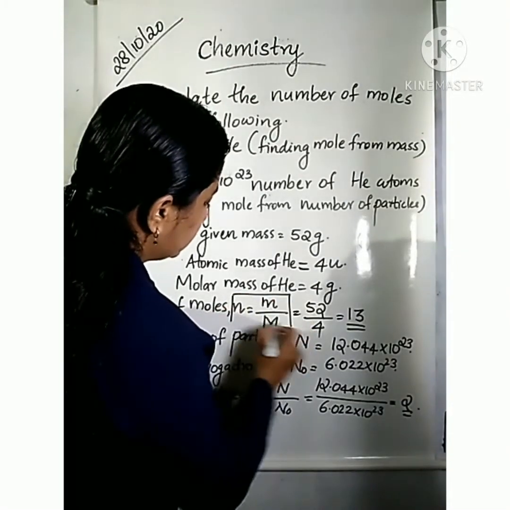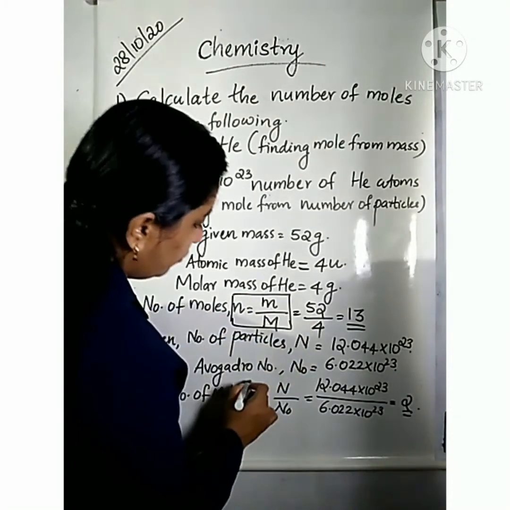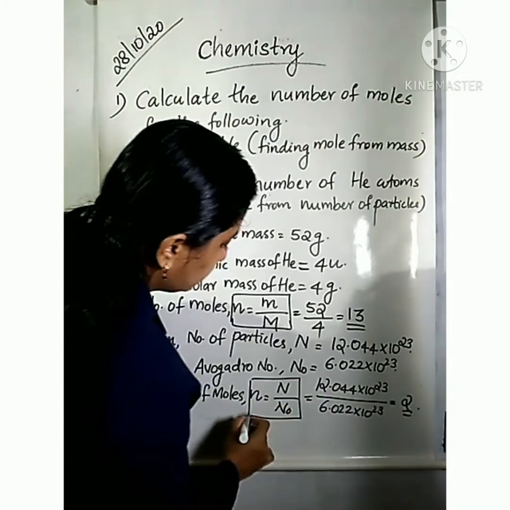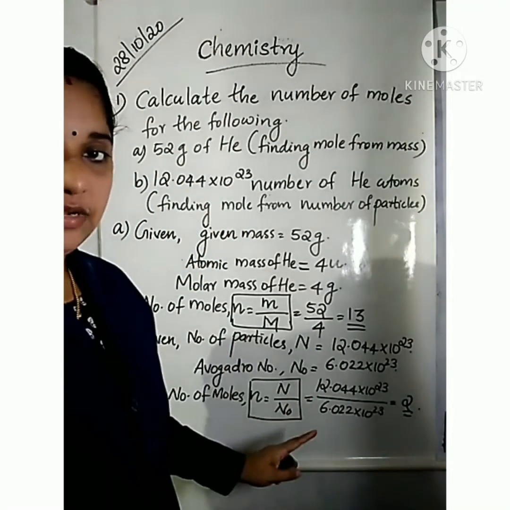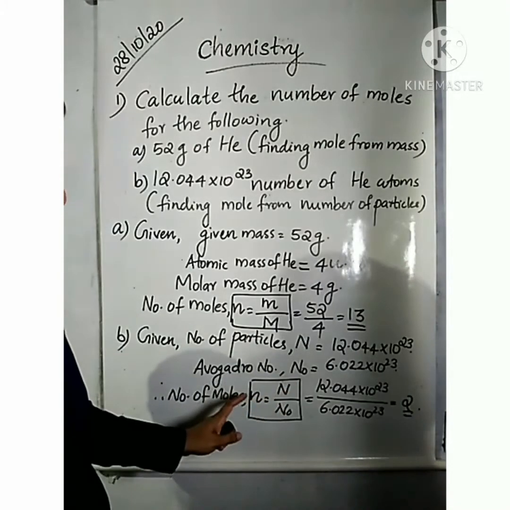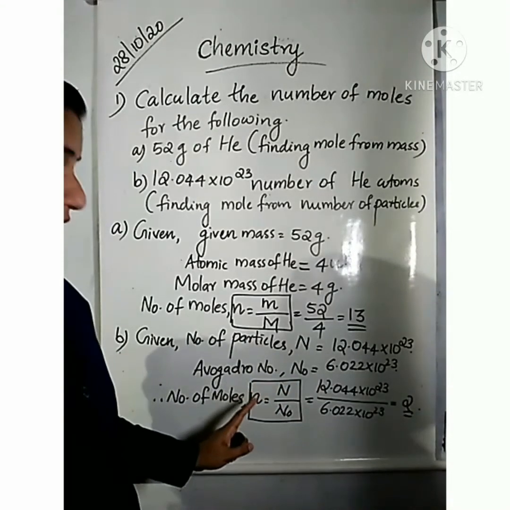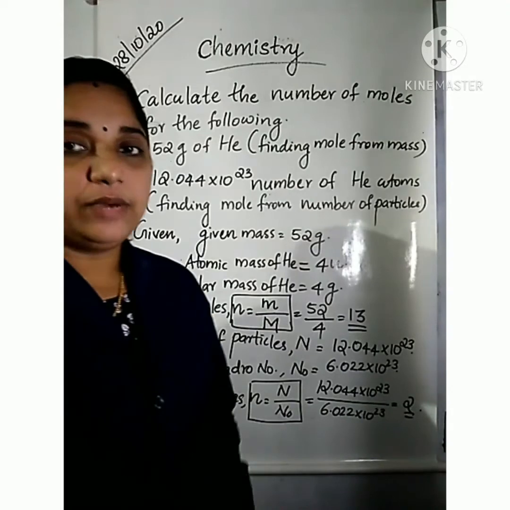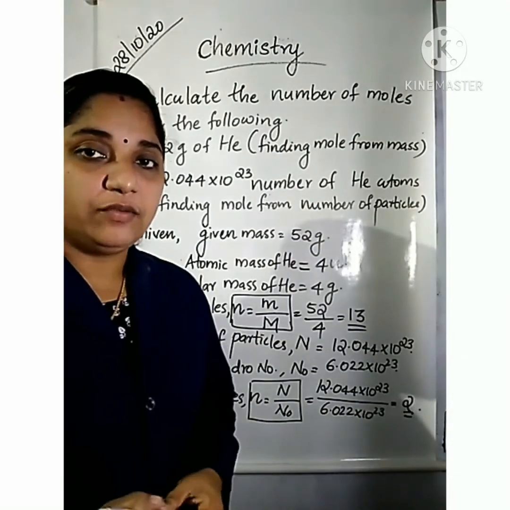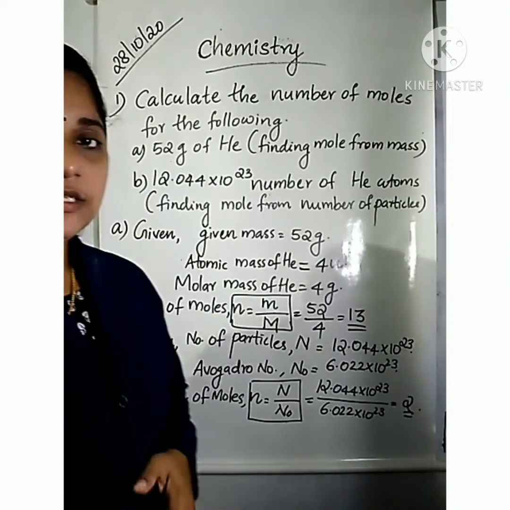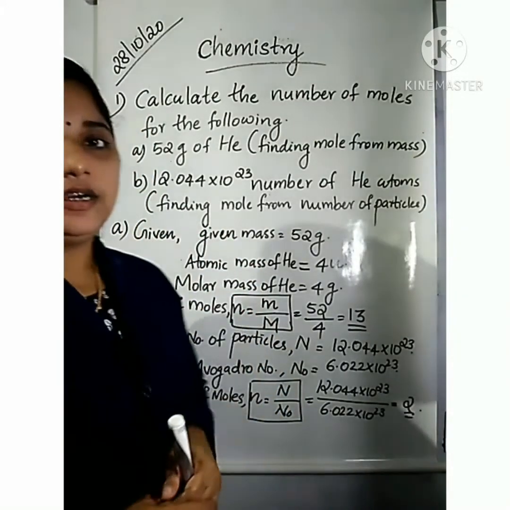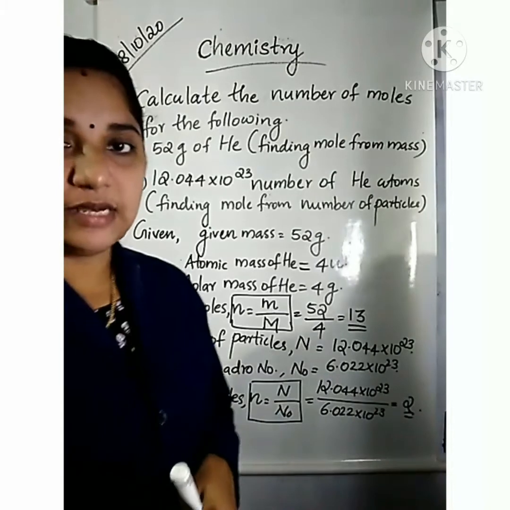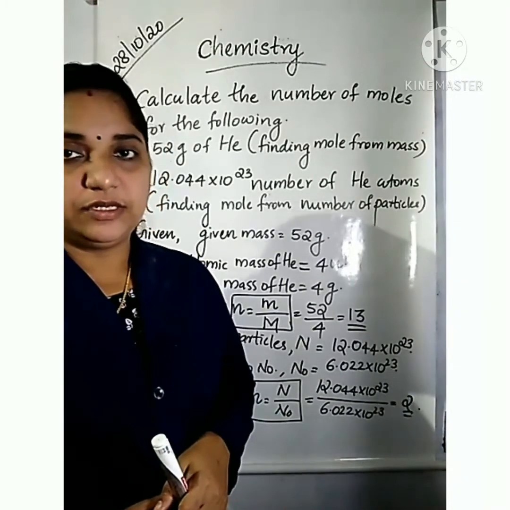Okay, 2 moles. So with the help of these two equations, we can calculate the number of moles. Number of moles equal to given mass by molar mass. If the number of particles is given, we will be using number of moles n equal to number of particles by Avogadro number. So, you should practice with one more example from your textbook.